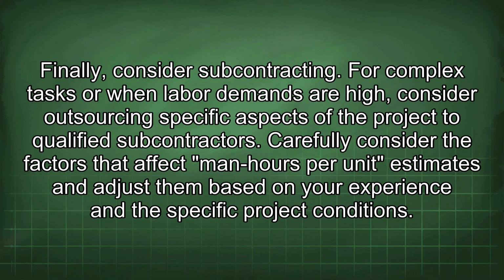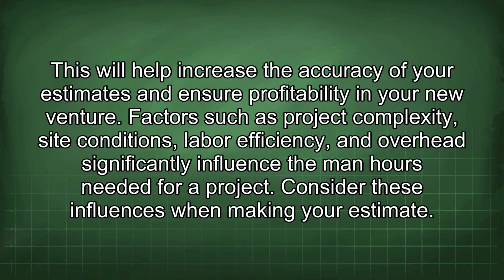For complex tasks or when labor demands are high, consider outsourcing specific aspects of the project to qualified subcontractors. Carefully consider the factors that affect man-hours per unit estimates and adjust them based on your experience and the specific project conditions. This will help increase the accuracy of your estimates and ensure profitability in your new venture.